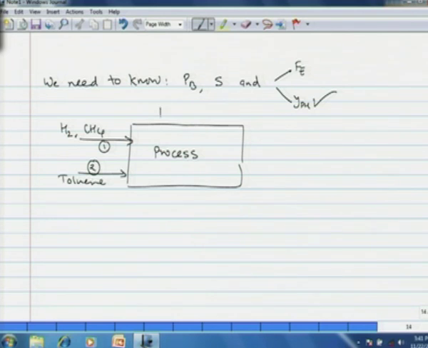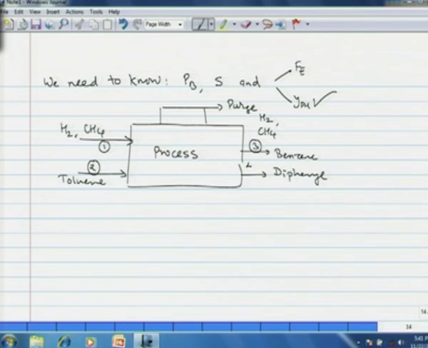Okay. Then we number the purge stream as methane and hydrogen, then benzene and diphenyl. We give number 3 to benzene stream, which is the primary product, 4 to diphenyl, which is the secondary product, side product, and number 5 to the purge stream.